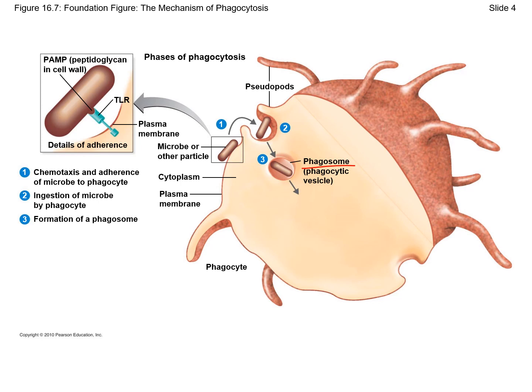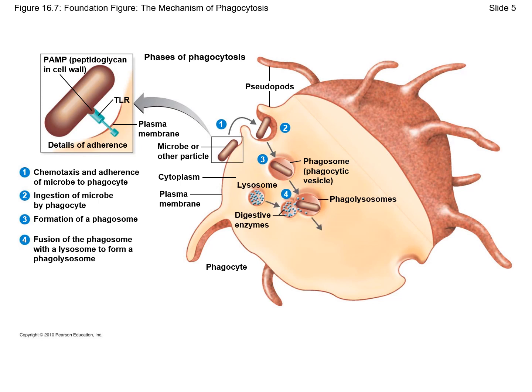Once the phagosome has been formed, then the next stage will be digestion. In order to have digestion, you need to fuse the phagosome to a lysosome. And remember, lysosomes are vesicles that contain digestive enzymes.